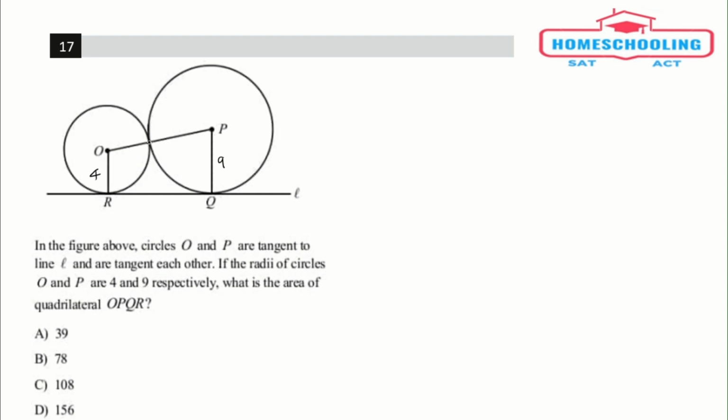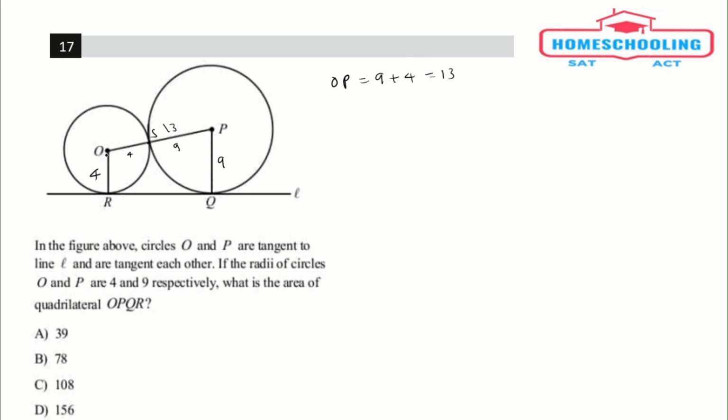If we take this point as S, this can also be 4 because it is also the radius, and similarly PS can also be the radius of the larger circle, so it will be 9. So the total length, OP, would be 9 plus 4, that is equal to 13.